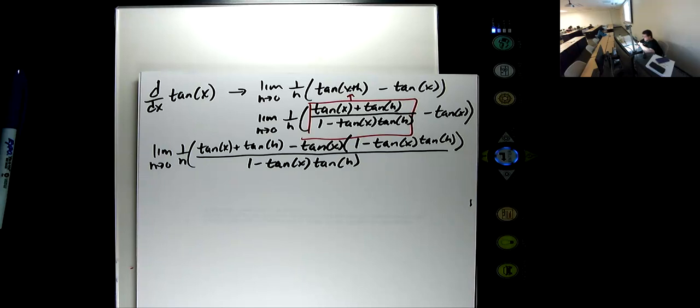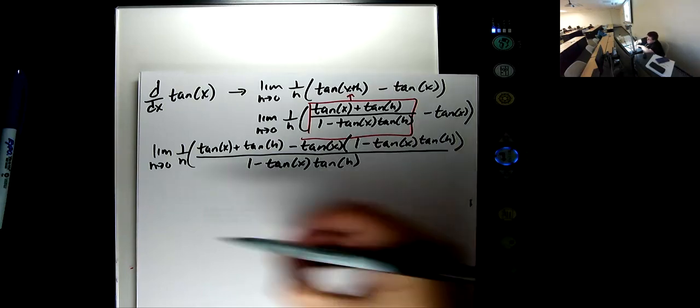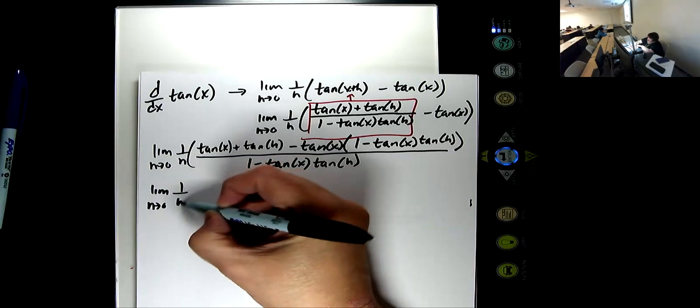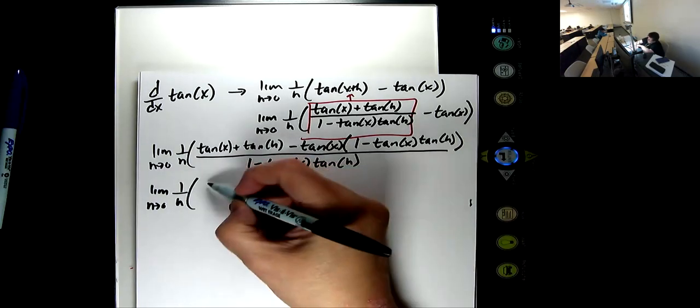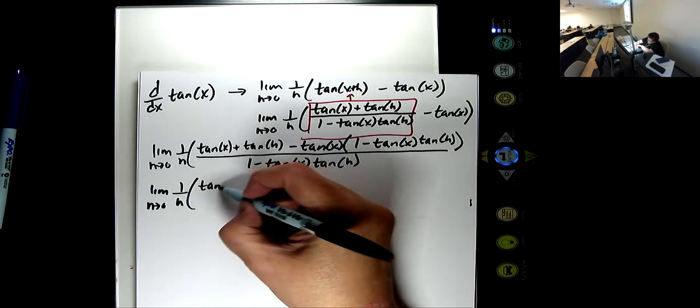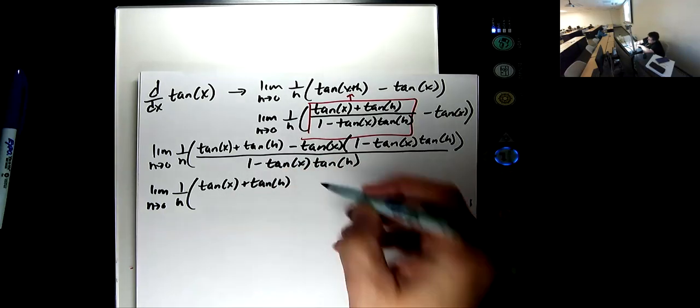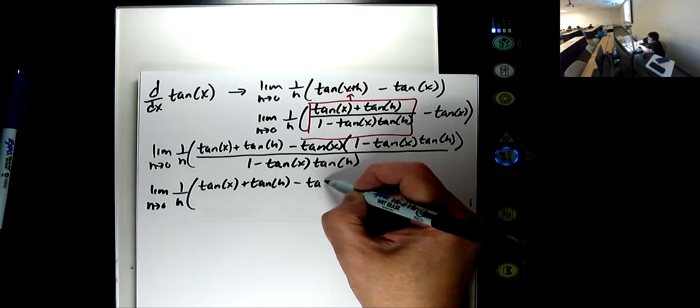I sure hope that goes away somehow, some way, shape, or form. So tan x plus tangent h minus tan x, that helps.